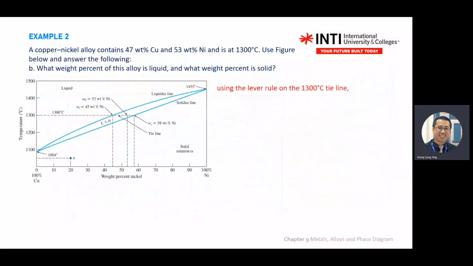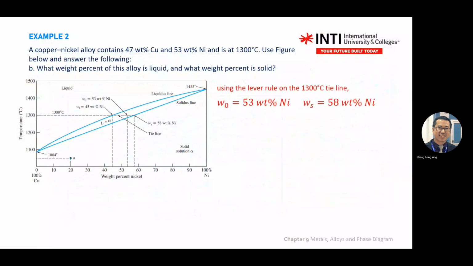Then we start to do the analysis. So the question gives us 53% nickel. 58% nickel, 53% nickel.